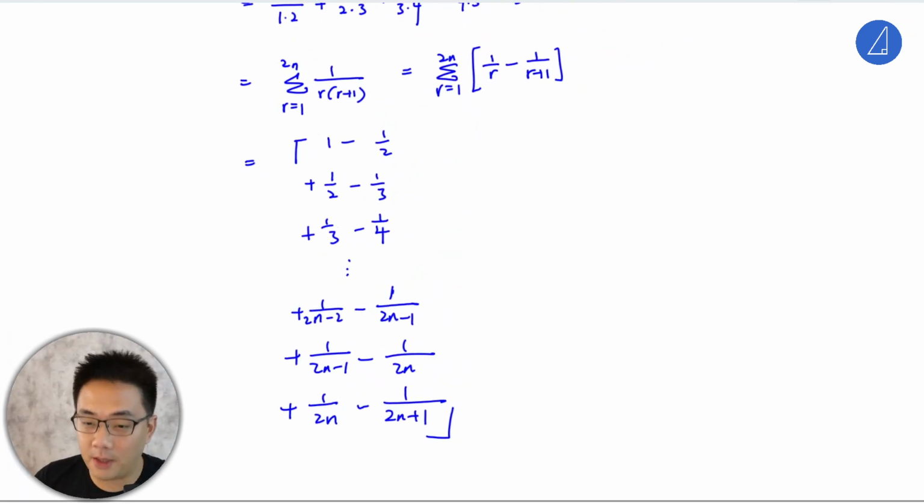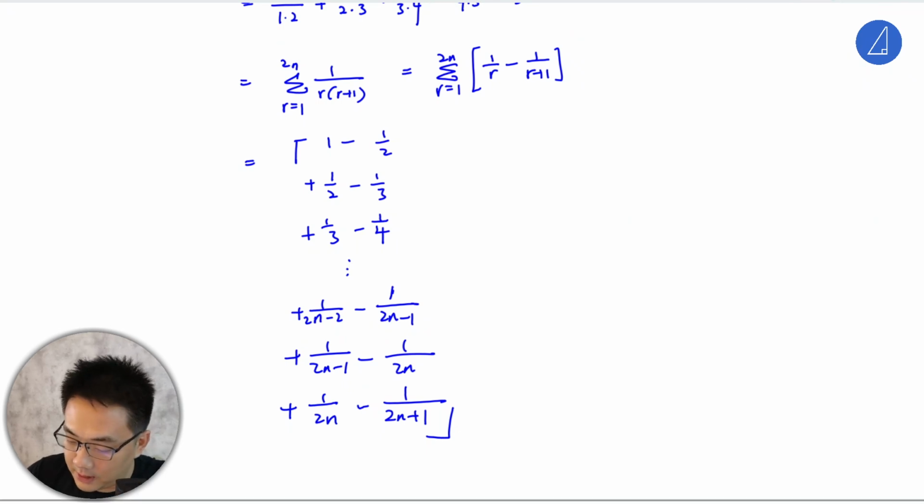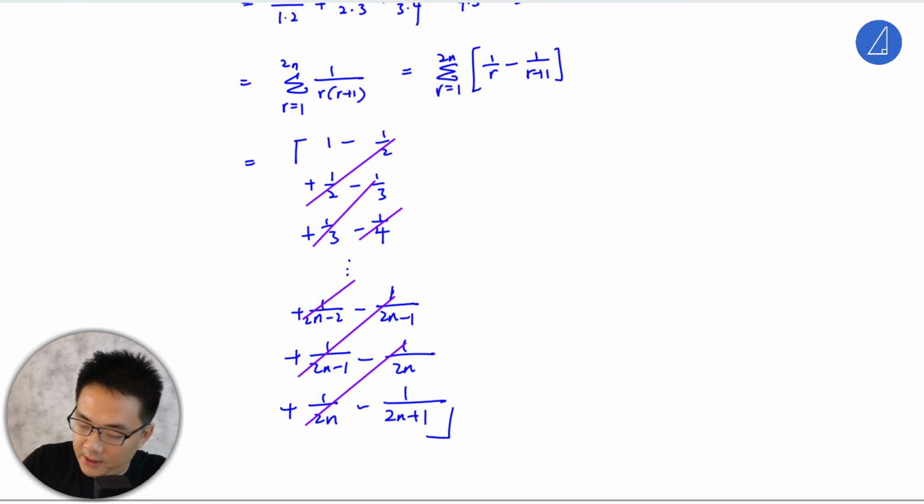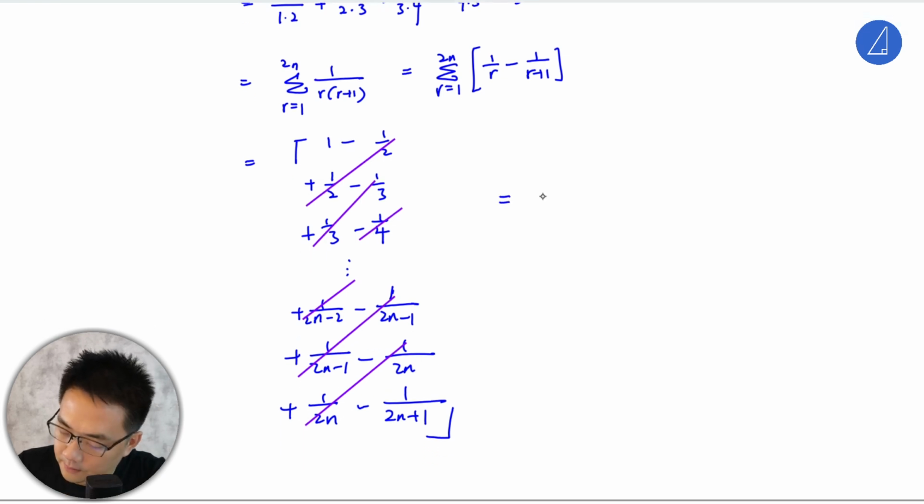Okay, so this is it. Then just cancel everything that is out of your way. What is left behind is just 1 minus 1 over 2n plus 1.